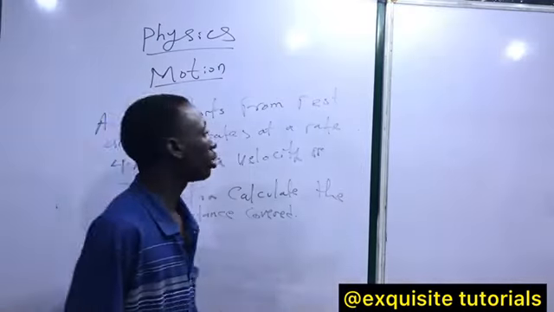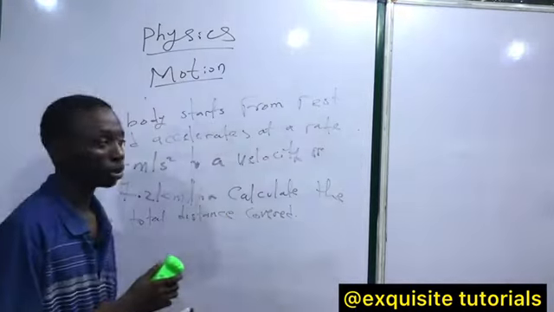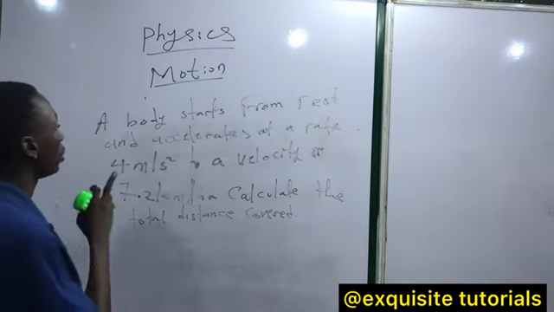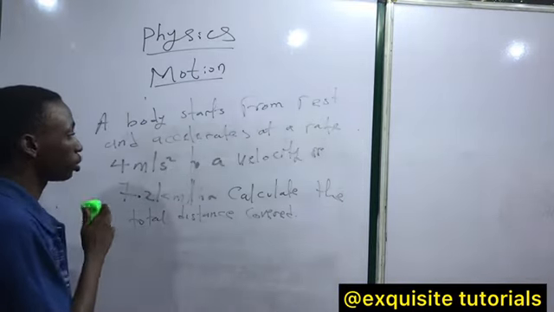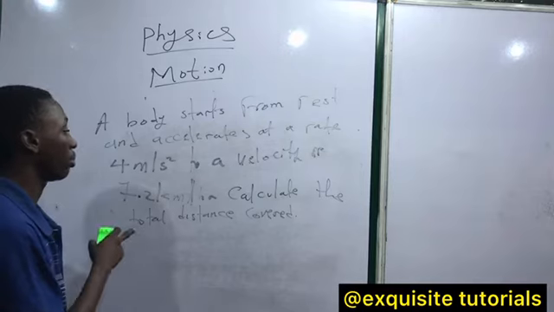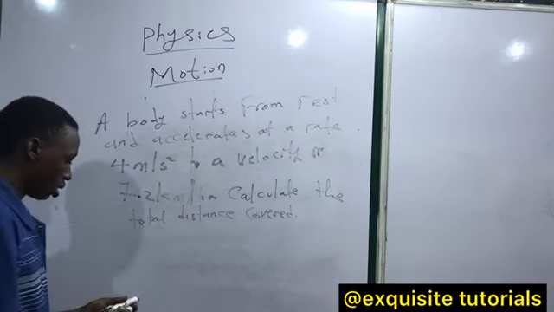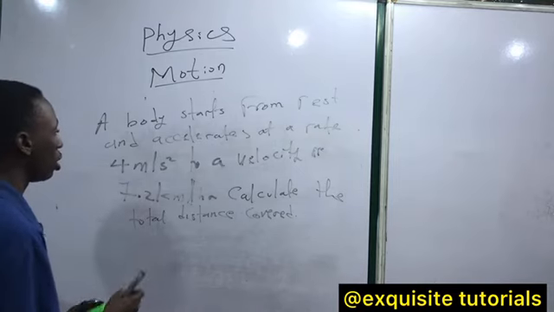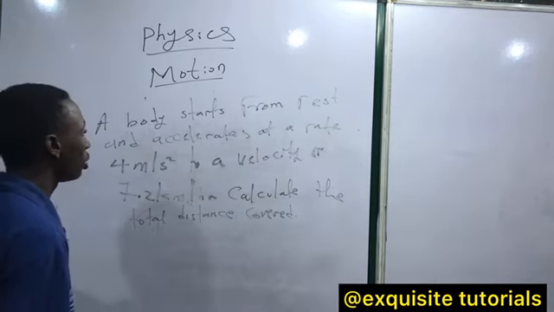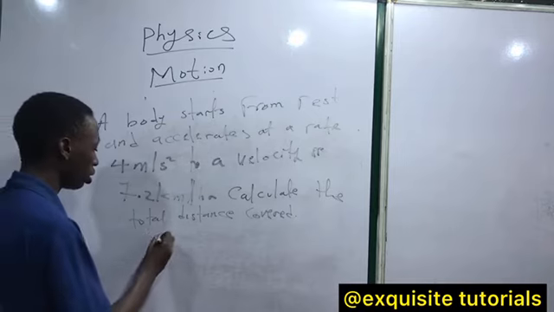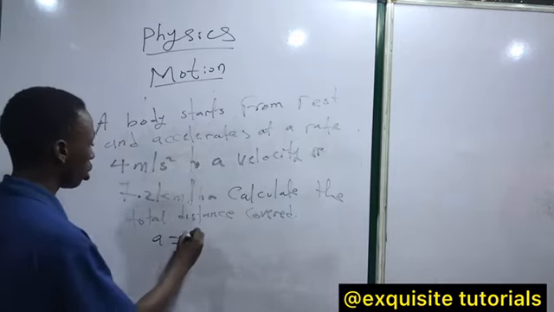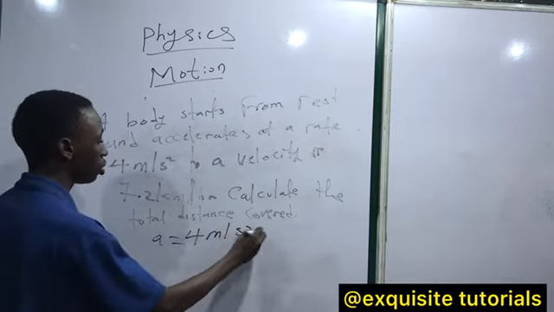Okay, I'm back. Let's try and solve this question now. The body starts from rest and accelerates at a rate of 4 meter per second square to a velocity of 7.2 km per hour. Calculate the total distance covered. Now we have many parameters here. The body accelerates at a rate, so we know that acceleration is equals to 4 meter per second square.